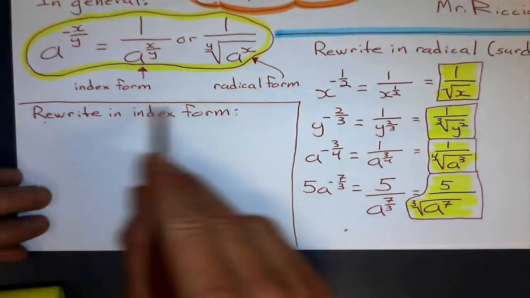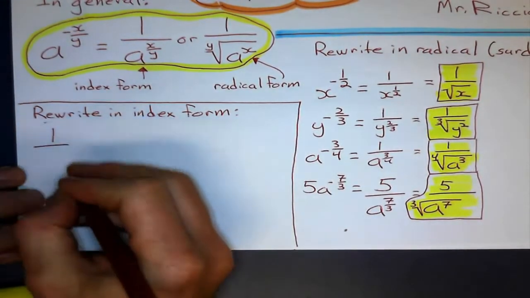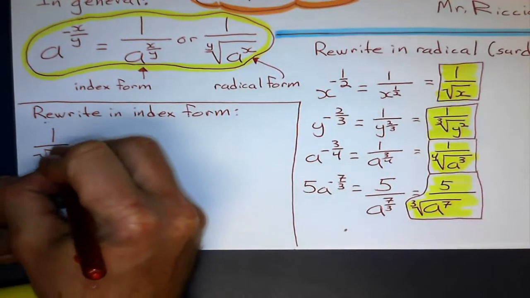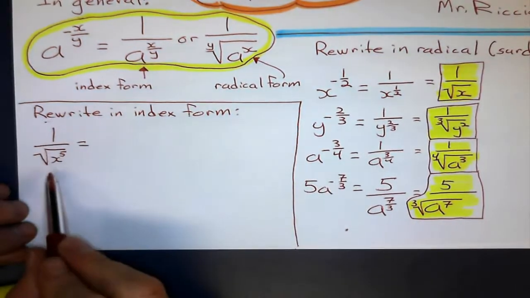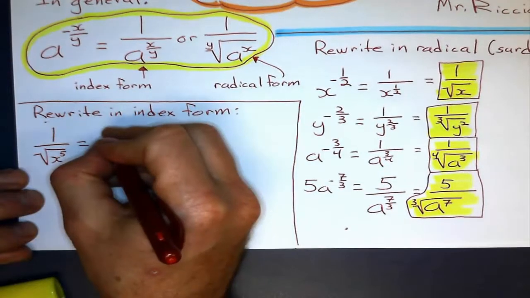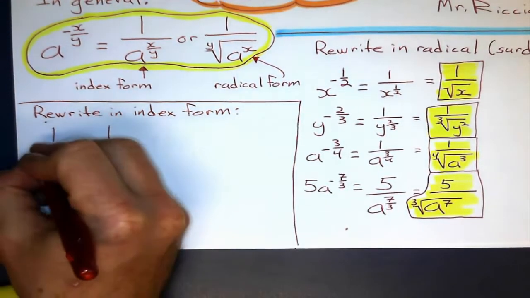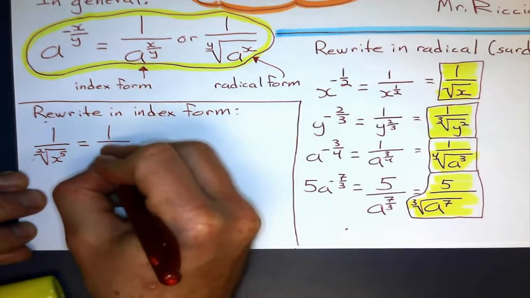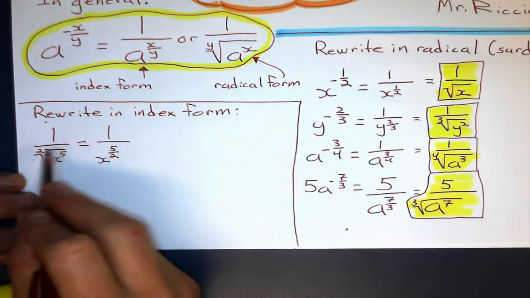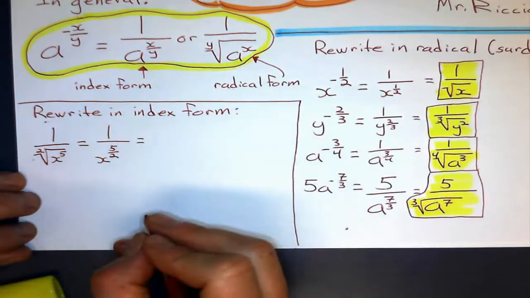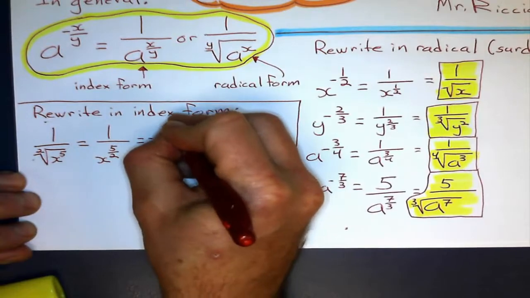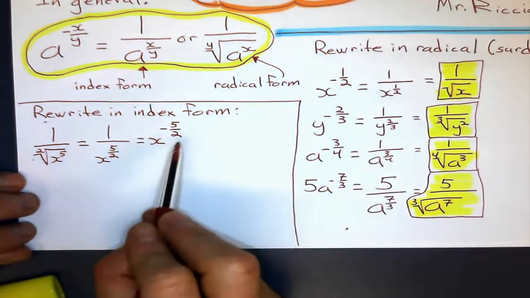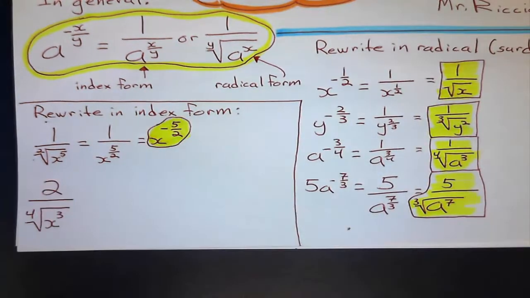And let's try the other way around, rewriting in index form, which we will use for calculus. 1 over square root of x to the 5th. Now remember that square root has an invisible 2 in there. So square root, we don't usually write the 2 there. So that means 1 over x to the 5/2. Now since that 5/2 is in the bottom, it's going to be a negative exponent, x to the negative 5/2.